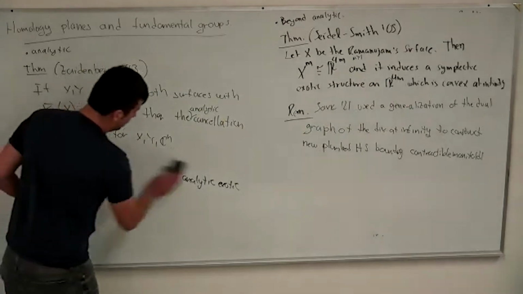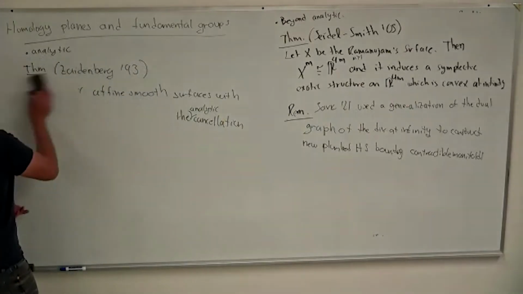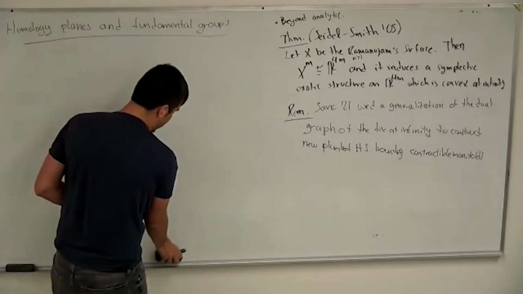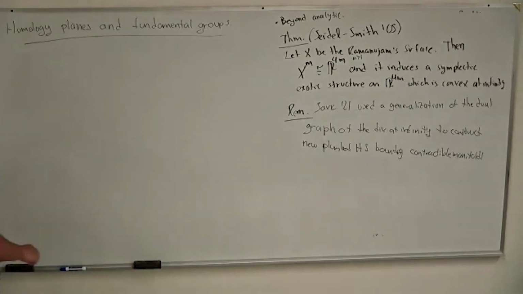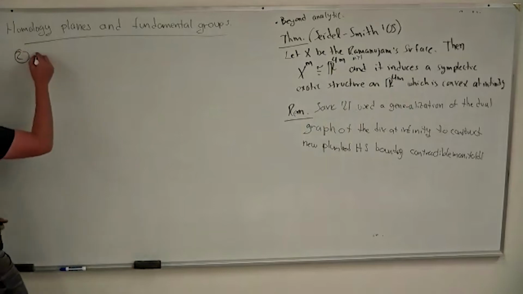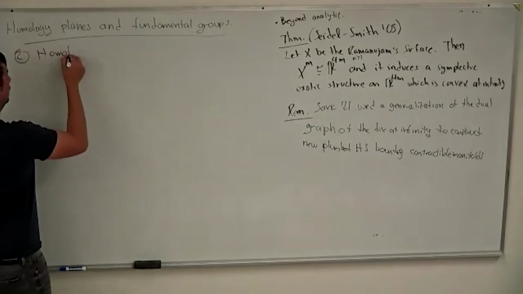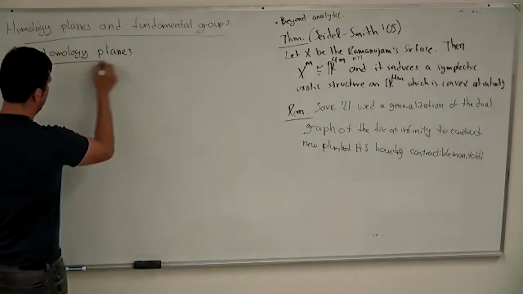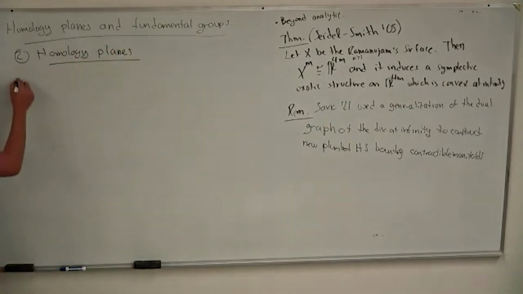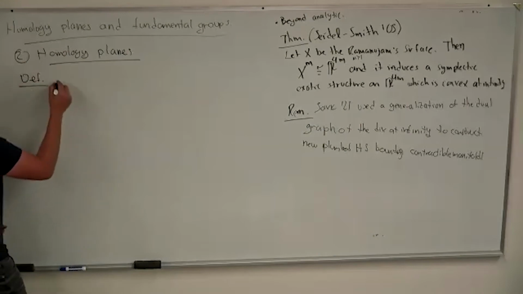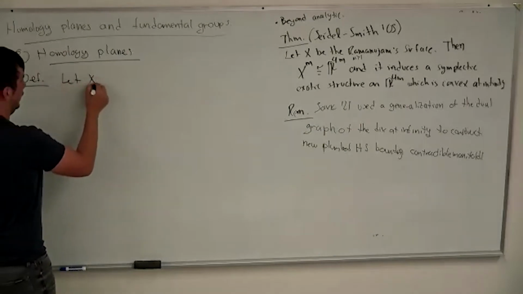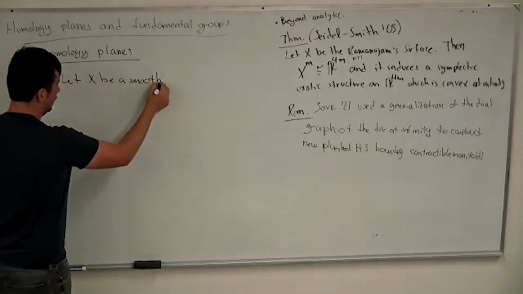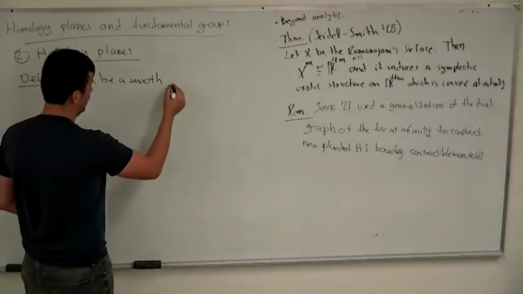So let me go now to homology planes. That finishes this long introduction with the Ramanujan surface. And now let me go to homology planes. So the definition is as follows. Let X be a smooth surface.